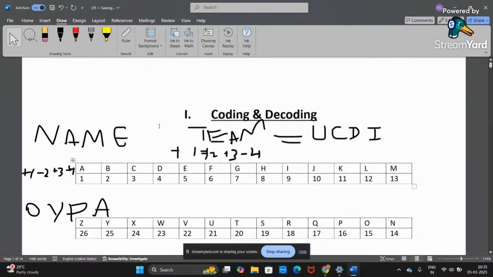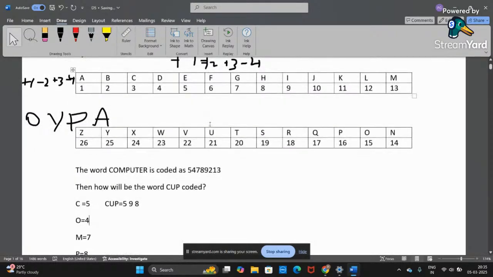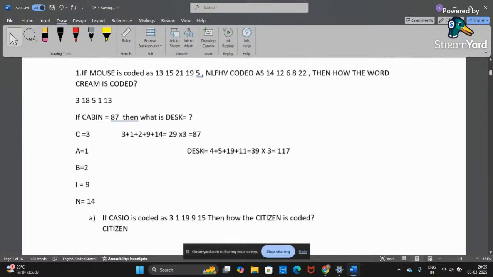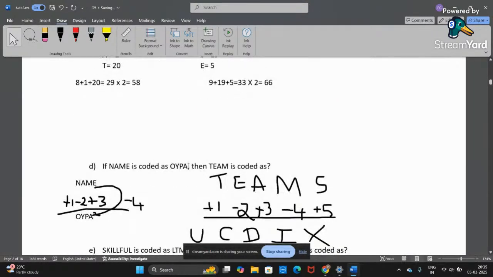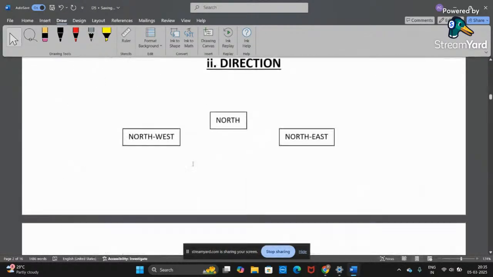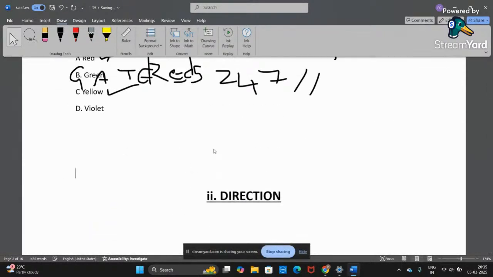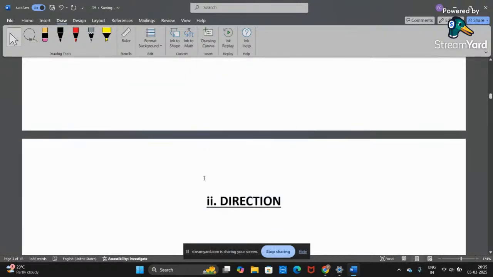Okay. Today we have completed coding and decoding. We have solved a few sums on coding and decoding. Then we solved the problems on direction. In direction, the main thing is you need to understand the question and draw the direction properly.